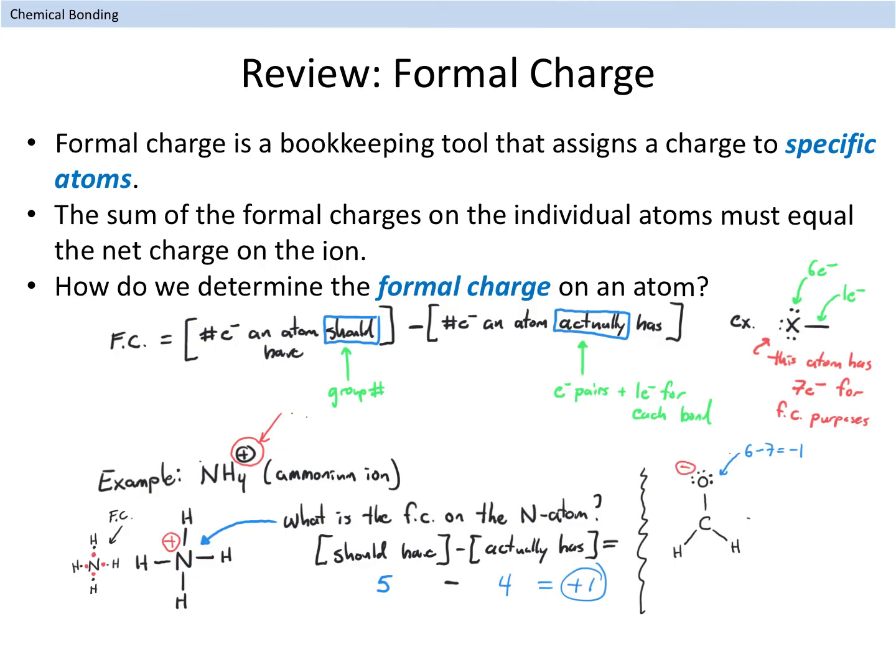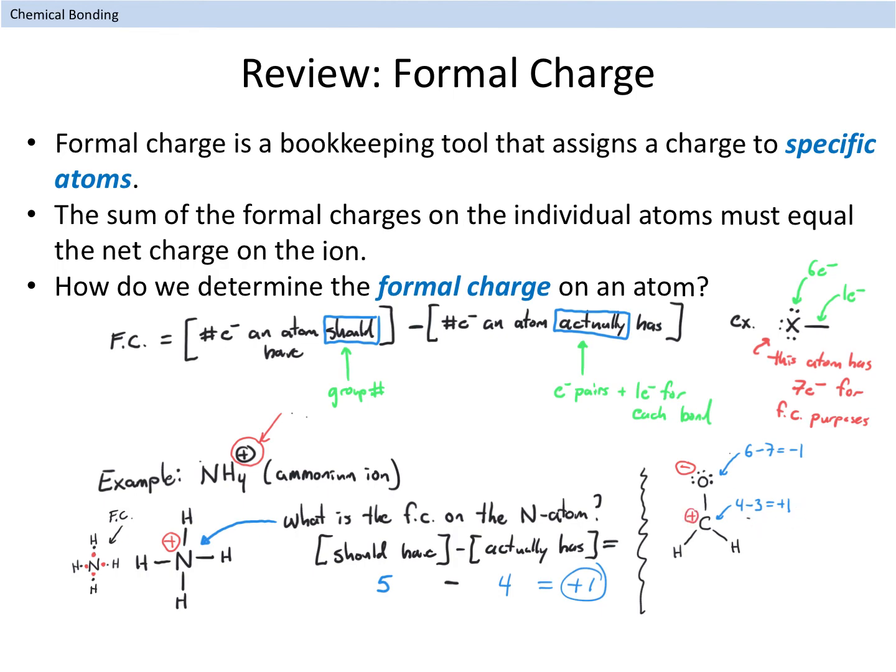Now let's look at that carbon atom. Carbon should have 4 electrons. There are 3 bonds. This means there are only 3 electrons on carbon in this structure, if we are counting for formal charges at least. So, anyway, what is the charge on this carbon atom? That's right, it is +1.